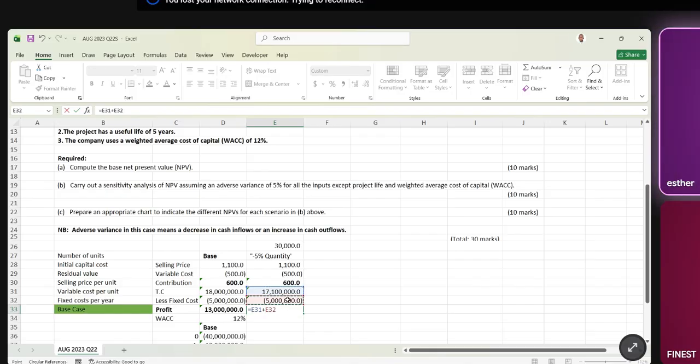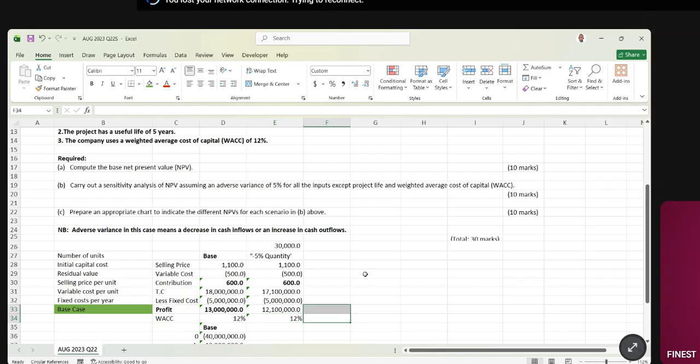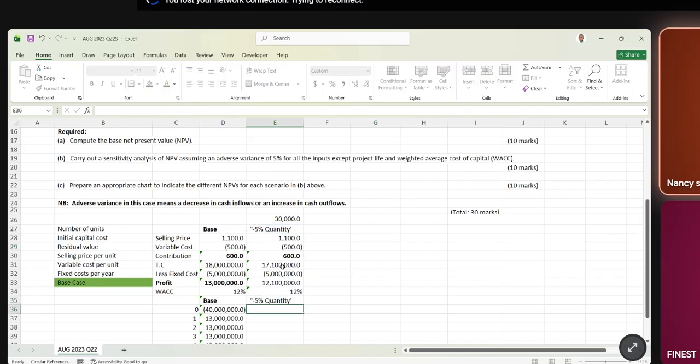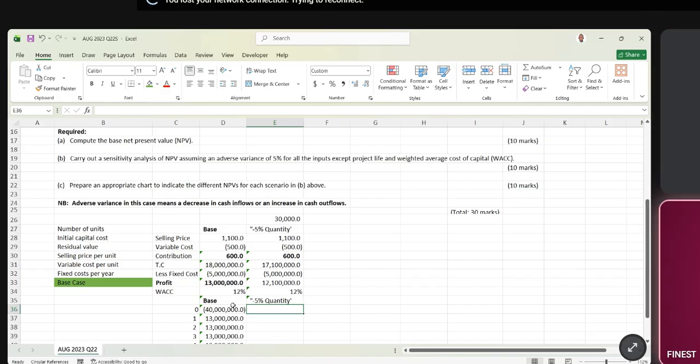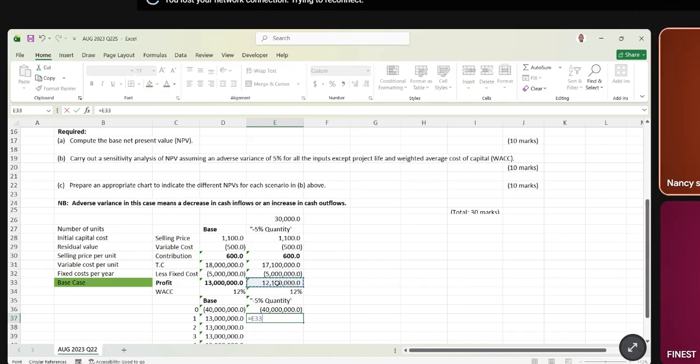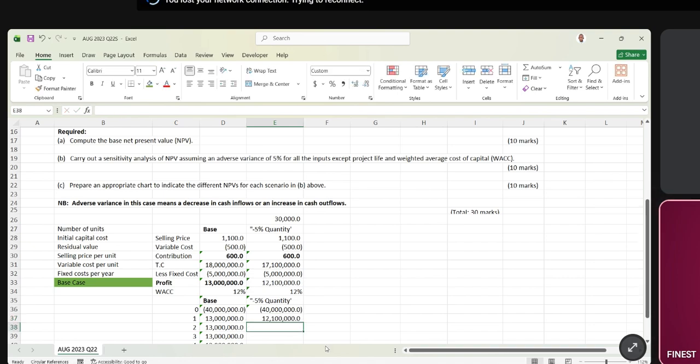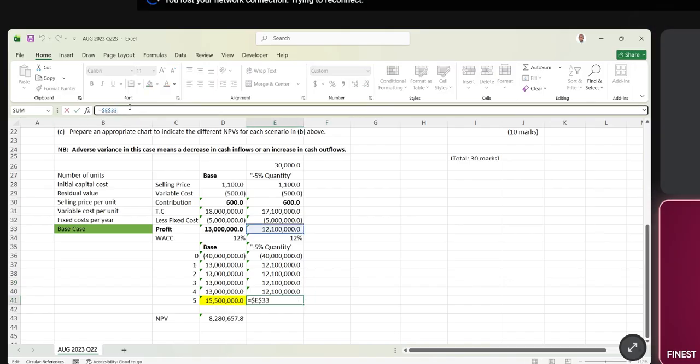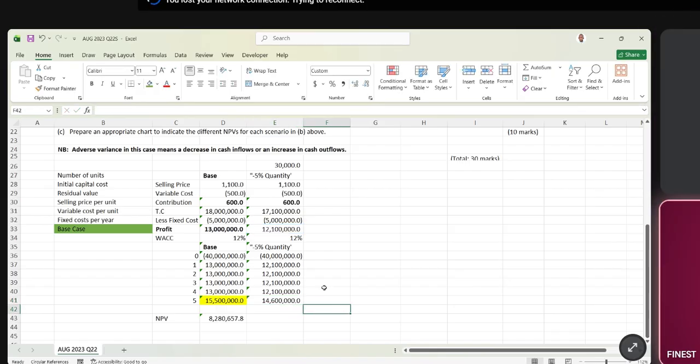The initial outlay will remain the same, so I can drag this down to the end. But at the last end, we are adding 2.5, the salvage value. So that's what we have.